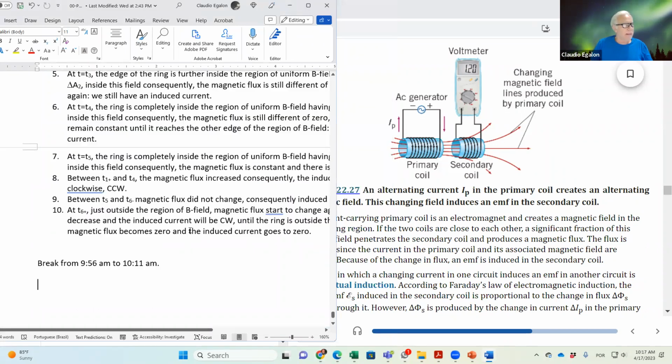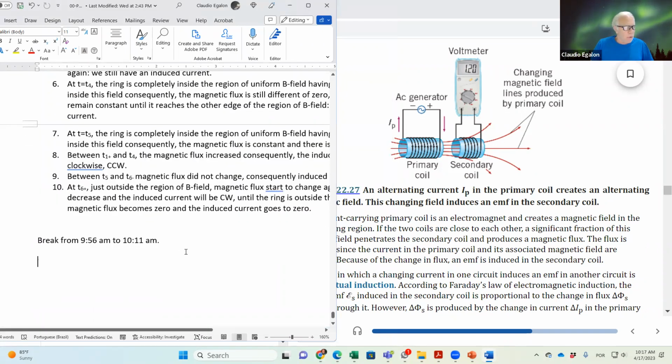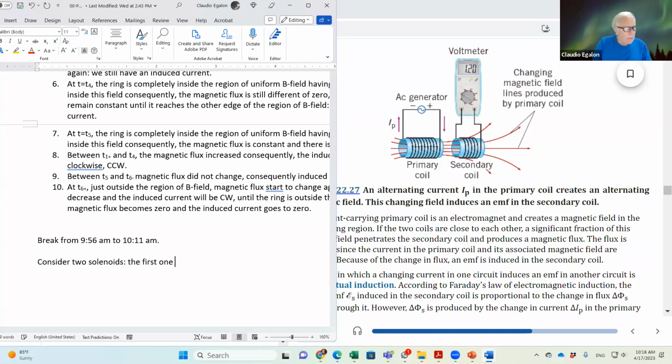Okay, so the first thing you have to know. Let's consider two solenoids.